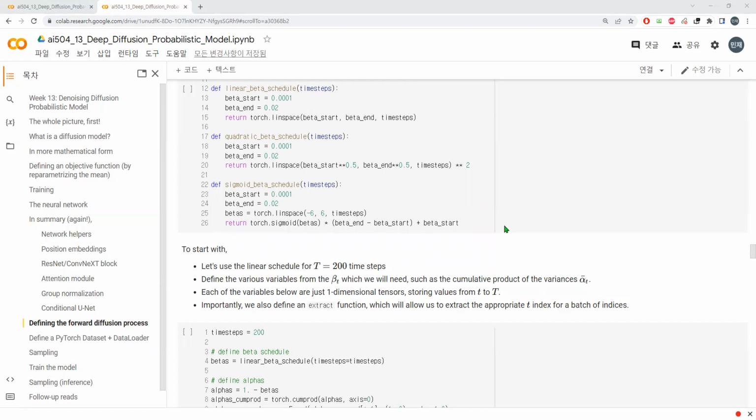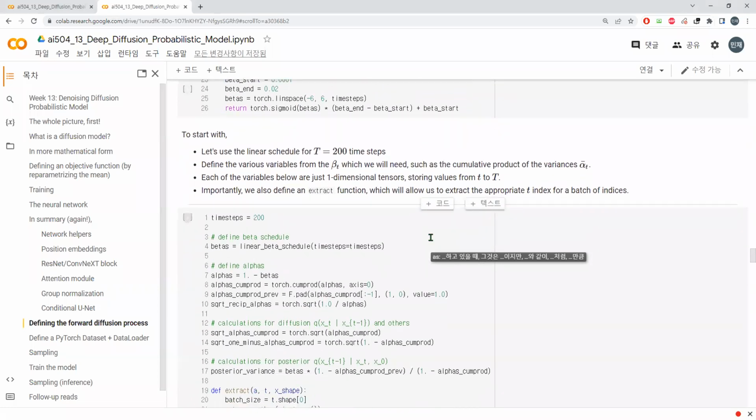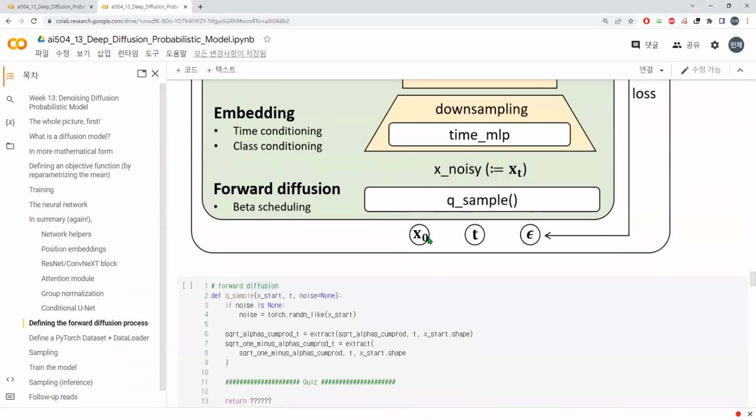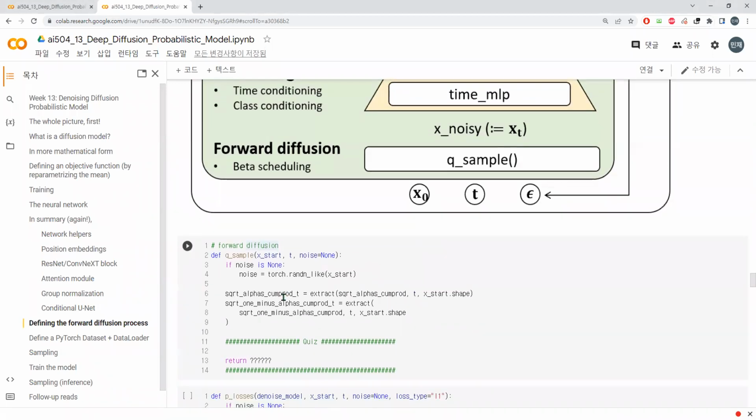Hold on. Where is the forward diffusion?